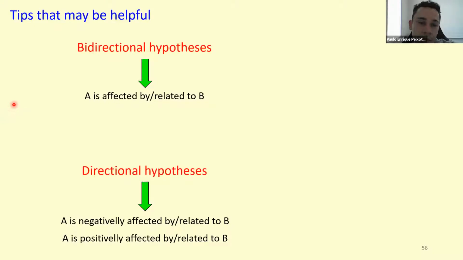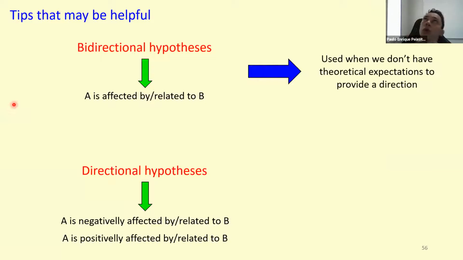And another related tip is if you do not have a theoretical expectation that convinces you that you should provide a direction, you should use a bidirectional hypothesis. Imagine, for example, there is a theory that is still in development, that is very new. We do not know many processes.